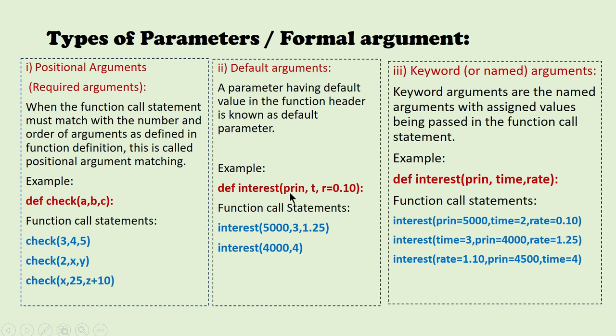Please look at this very carefully. Interest is the function name, principal is the first parameter, the second parameter is t to receive the value of time, and for r, instead of simply specifying r, I am giving the value, that is, r is by default initialized with 0.10.